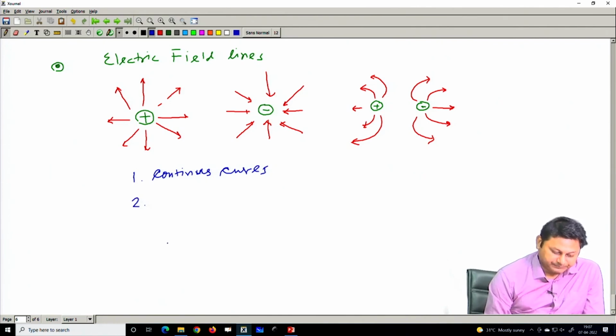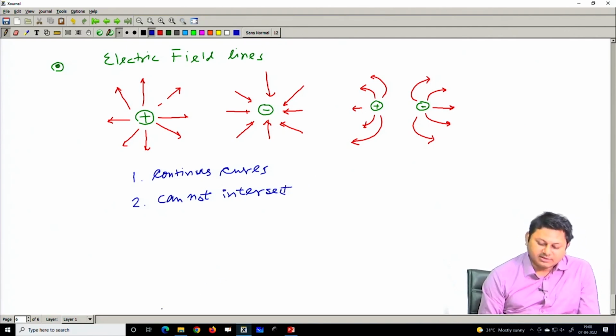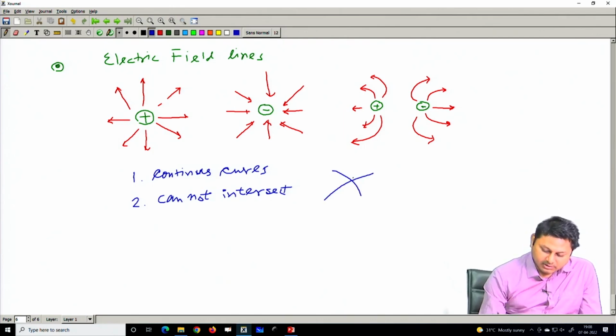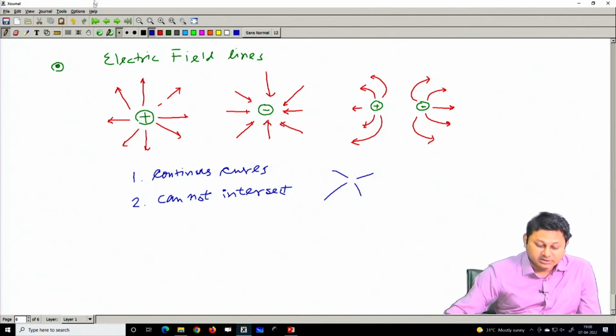Second, they cannot intersect each other. Why can they not intersect? If they intersect each other, then at the same point there would be two different directions for the force, which is not accepted. So, that is why they will not intersect each other.